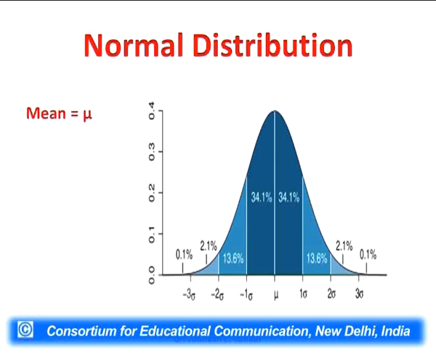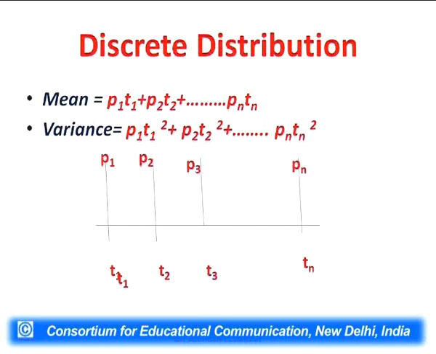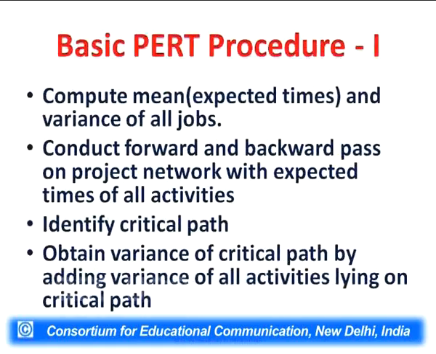Here in this case, mean is mu, variance is sigma squared, and standard deviation is sigma. And likewise we can have discrete distribution. It is only of academic interest because we shall be using only beta distribution in all our calculations.